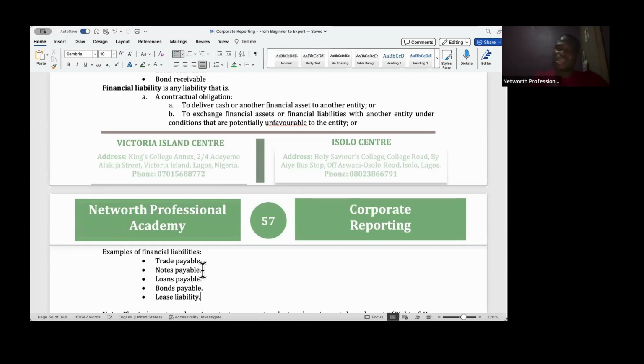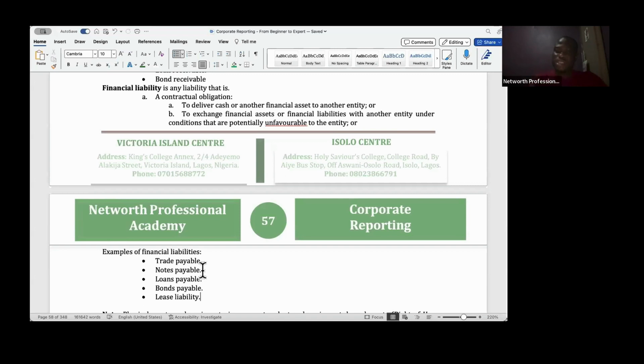IFRS 15 says that kind of money you collected, recognize it in your books as a deferred income, meaning a liability. It is going to be a liability in your books because you have collected money to deliver, but you have not delivered. So I cannot put it in my books as revenue.